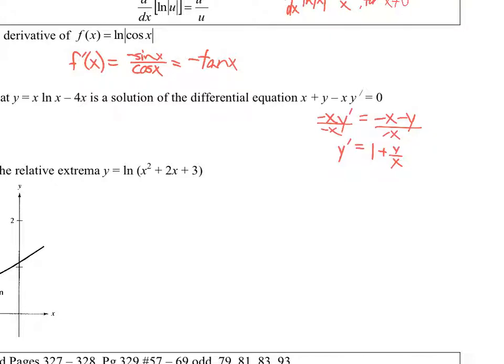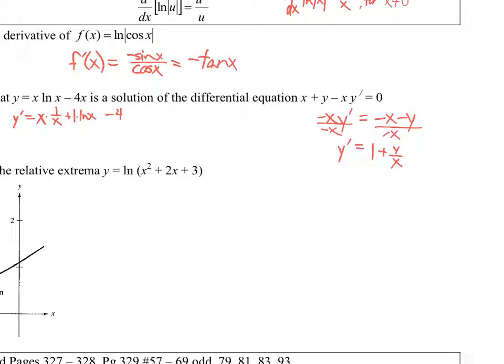Well, if I do the derivative over here, y prime is, I've got to do the product rule, right? X times ln of x. So that's going to be x times the derivative of ln of x, so that's x times 1 over x, plus 1 times ln of x, minus 4.